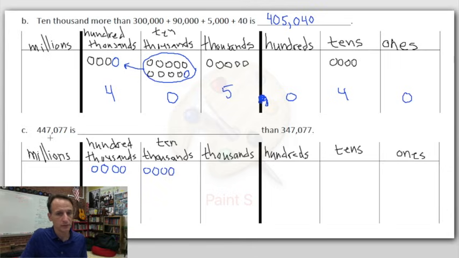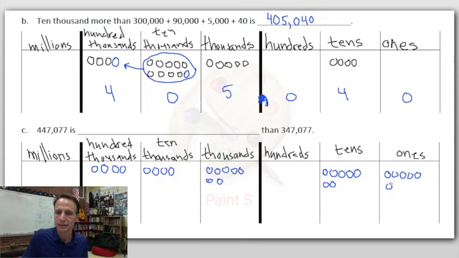In the thousands place, you see we have 7. 1, 2, 3, 4, 5, 6, 7. You notice usually when I have more than 5, I'll go to another row. It makes it easier to space them out and to see what you're doing. We have 0 hundreds. We have 7 tens. So 1, 2, 3, 4, 5, 6, 7. And then 7 ones as well.